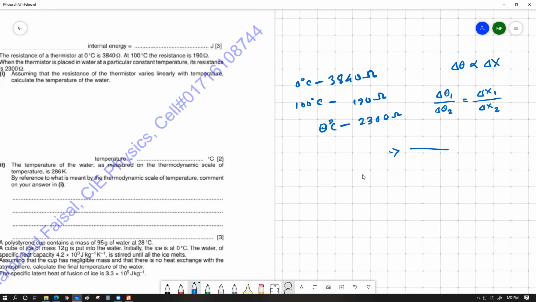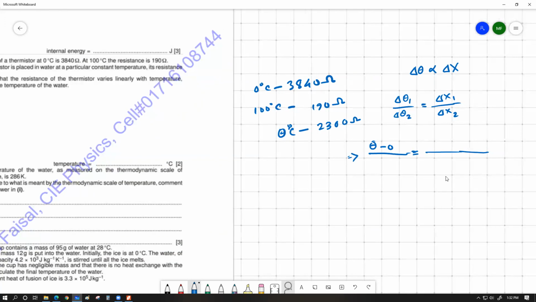So in the top part for the temperature difference, we're going to write theta minus 0. And we should also write the relevant resistances for those temperature values. For the unknown temperature, the resistance was 2300. For 0 degrees Celsius, the resistance was 3840. Don't bother about the big or small value. If you are placing the numbers correctly, your equation will take care of the minus sign.